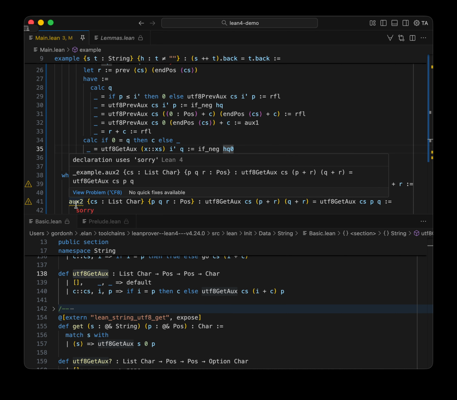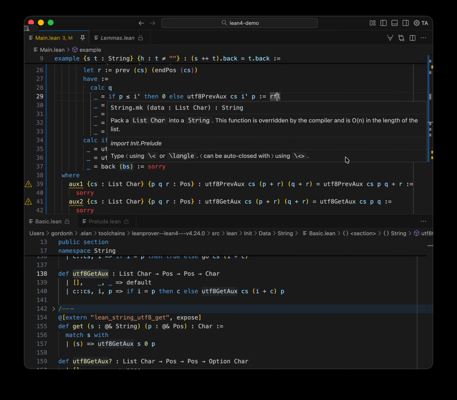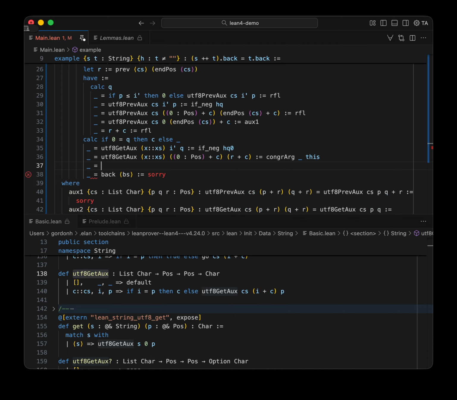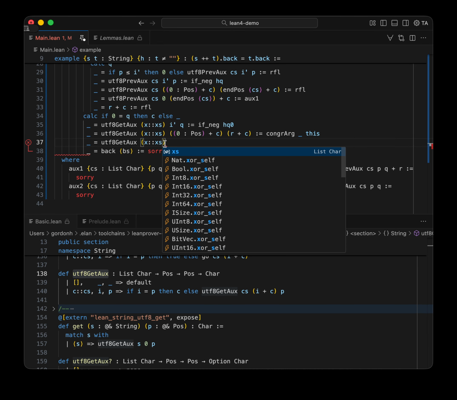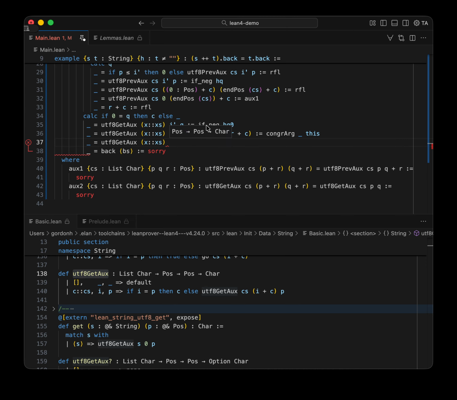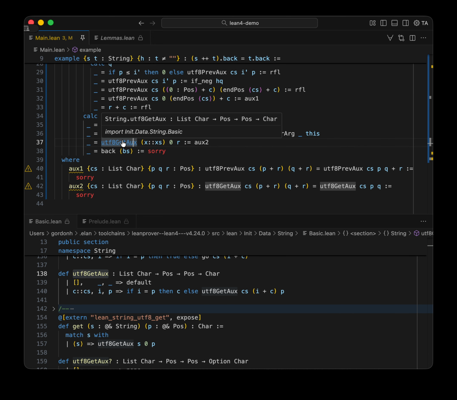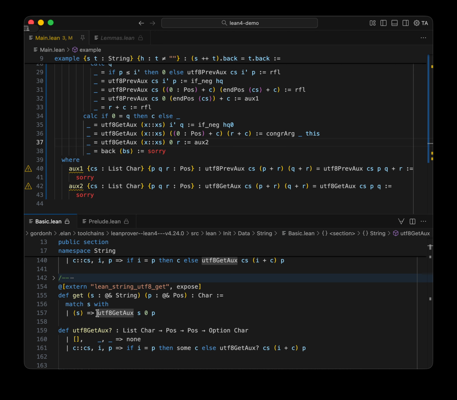Okay. So with the second auxiliary definition, you should be able to conclude 0 and R. And recall that having the second position and the first position, the second argument to UTF-8 get aux, is actually the special case where it reduces to just get.